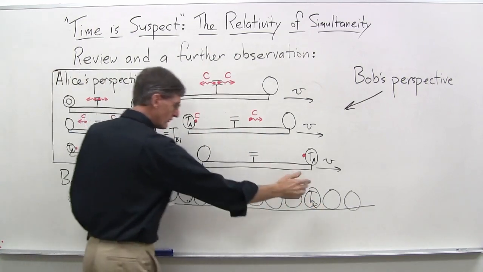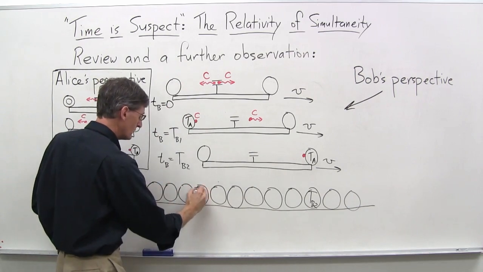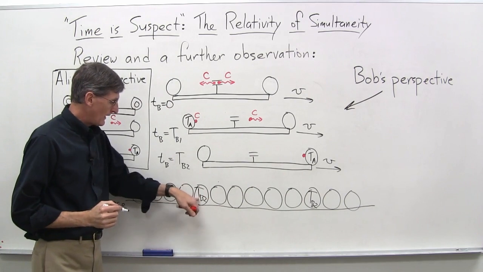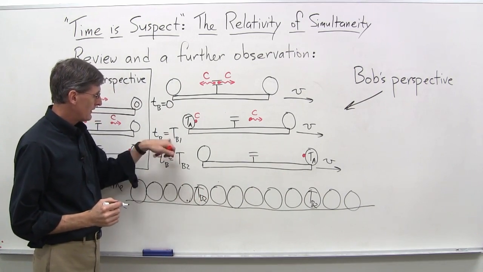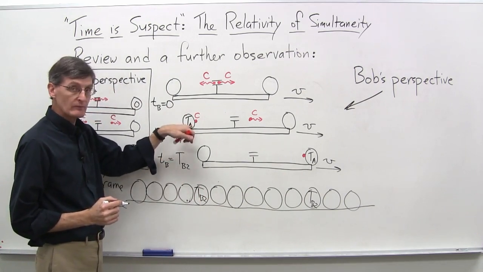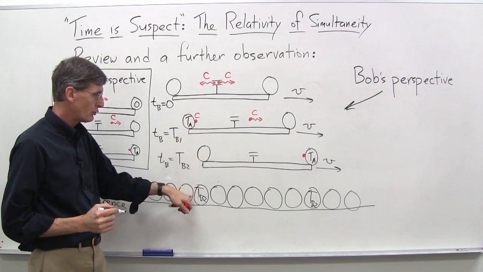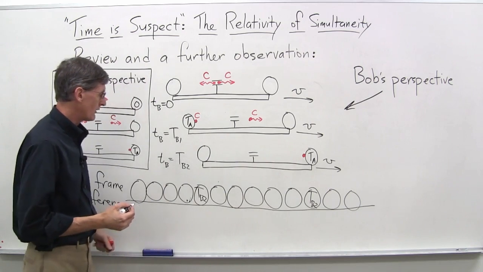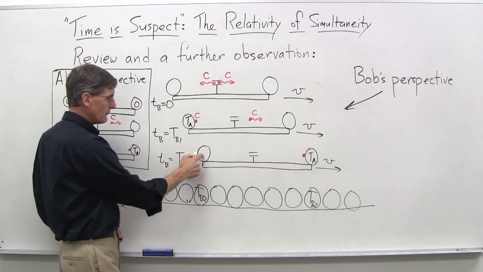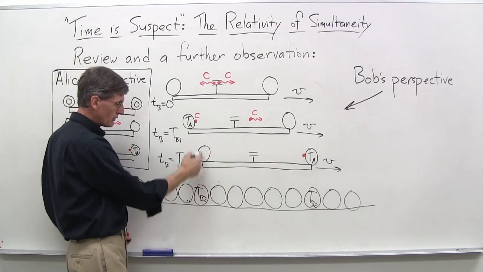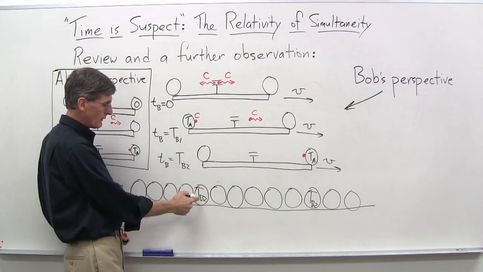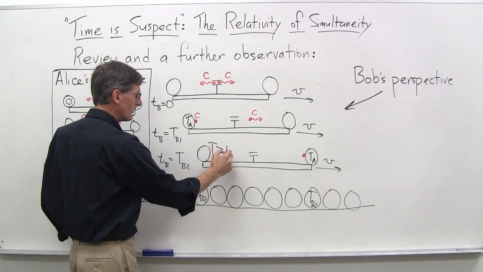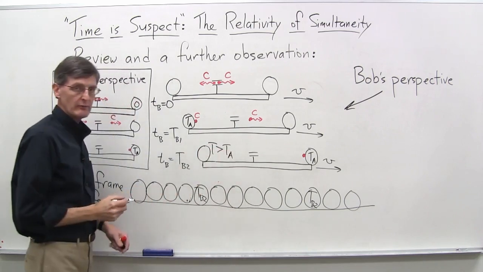And so all his clocks here would read TB2, in particular this one as well, because they're all synchronized, of course, from his perspective. And what does this mean? Well, he read TB1 for this flash over here, TB2 at a later time for the light pulse hitting the clock and triggering it there. That means this clock right here, if he took a photo right there and said, okay, I'm at TB2 here, what's this one? We know it's got to be a time greater than T sub A.